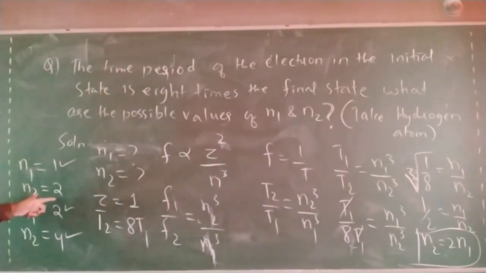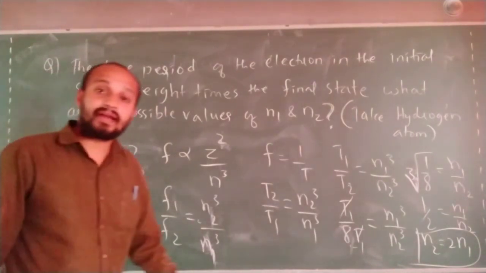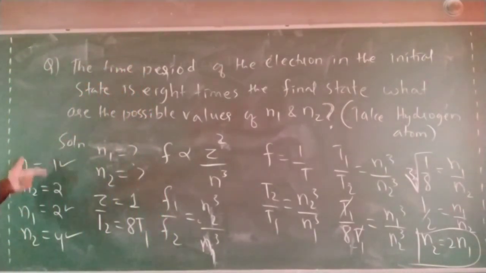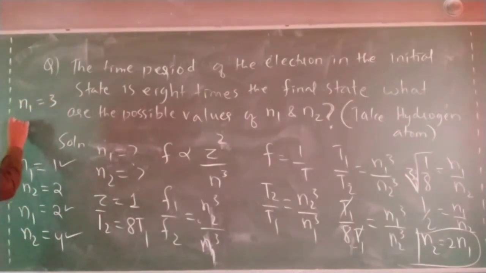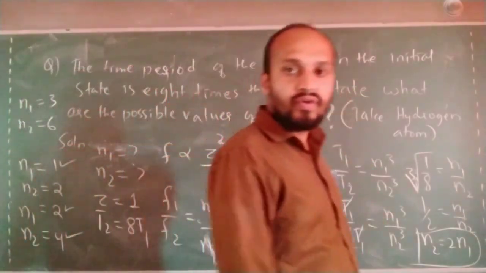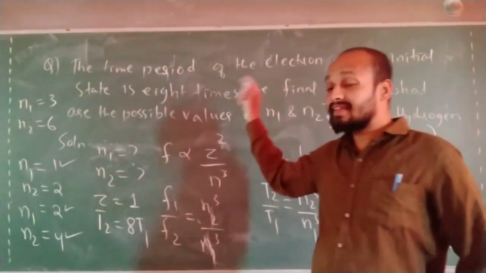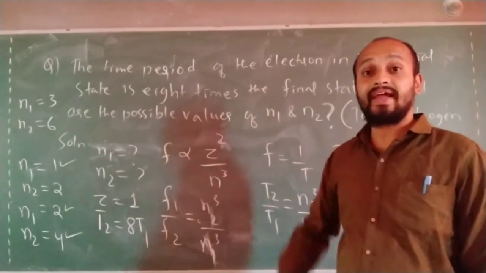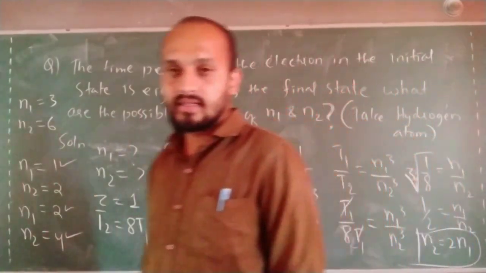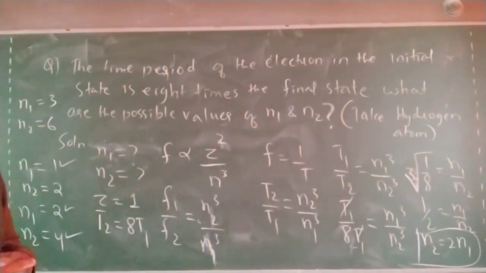First and second orbit share the time period relation as 8 times. Put n1 is equal to 3, n2 will become 6. Third orbit and sixth orbit will have the time period relation between them as 8 times. Are you understanding? This is what the problems they are going to ask generally.